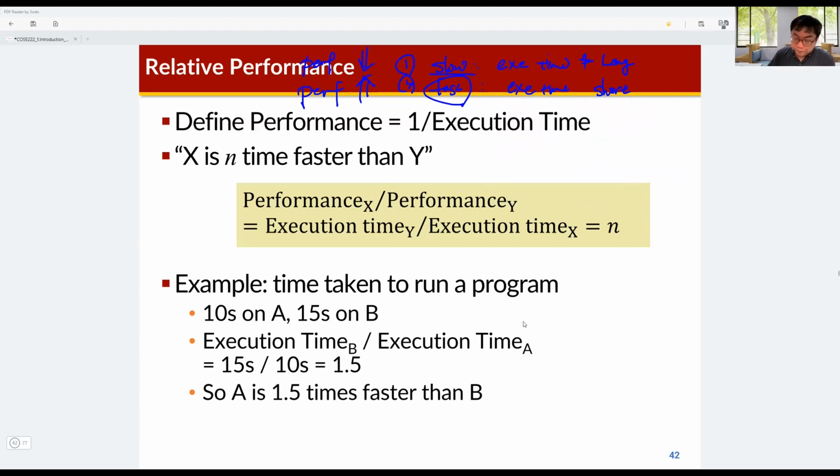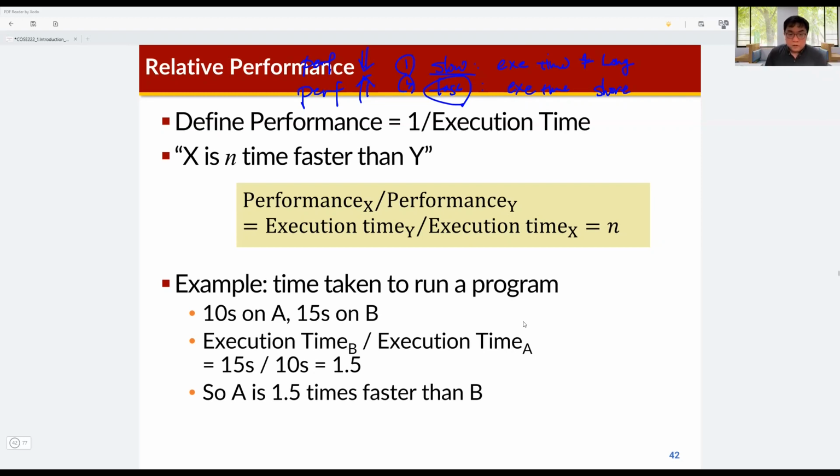If we compare the performance of two computer systems, then we can measure the execution time. And if we compare the performance of two different computer systems, we just compare the ratio of performance of the two systems.